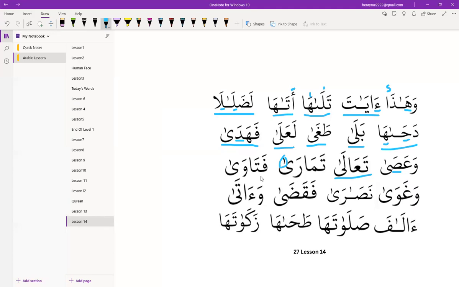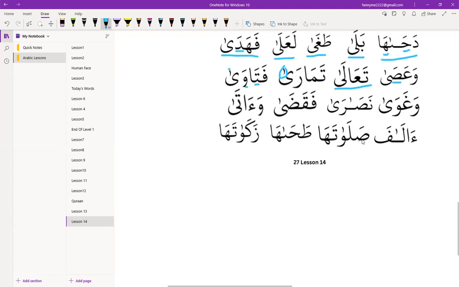The next one, fatawa. We have the ta and the wa as well, because we have this short alif. Wagawa. The wa is just one letter in this one.